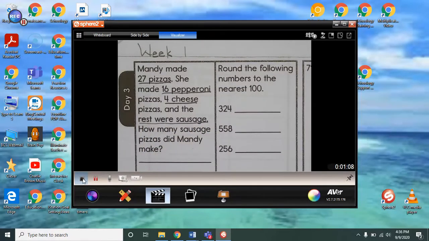So next, we want to decide what it is that we're trying to solve for. So our question is, how many sausage pizzas did Mandy make? So we're going to circle that because that's what we're trying to find.